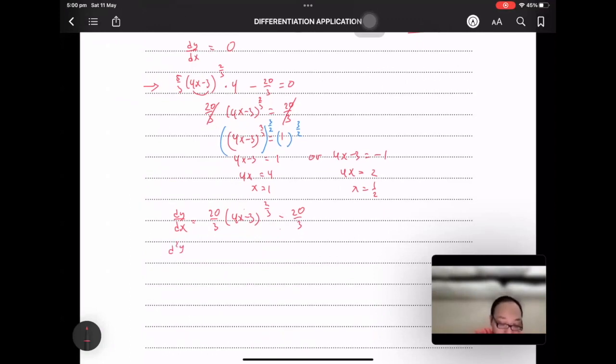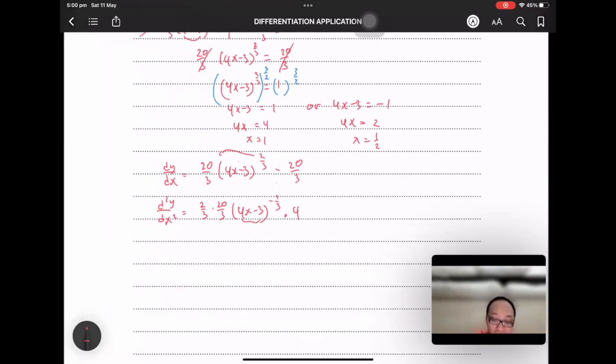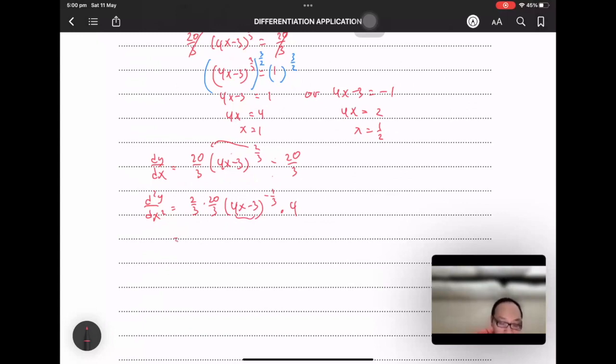So the second derivative will be the power multiplied, so 2/3 times 20/3 (4x - 3) to the power of -1/3, we minus by 1, times the derivative of 4x - 3, times 4. And that's it, because the -20/3 will be differentiated into 0. So we simplify. It is 160/9 (4x - 3)^(-1/3).